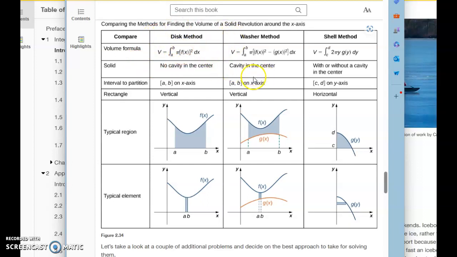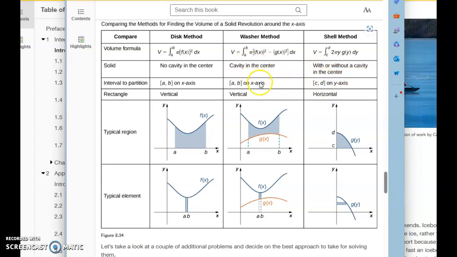So for this particular one, if we look at the graph, when we visualize the rotation around the x-axis, the washer method is going to be our best method to choose because of the cavity in the center. Now you could also use a shell method because it's with or without a cavity in the center.